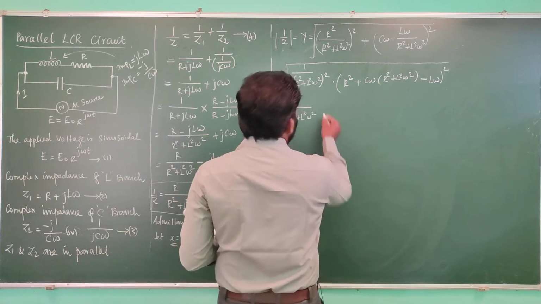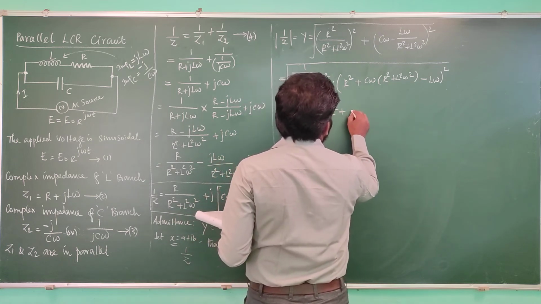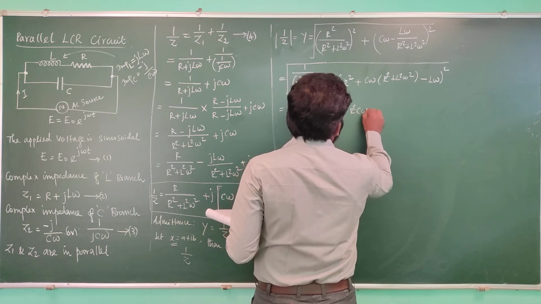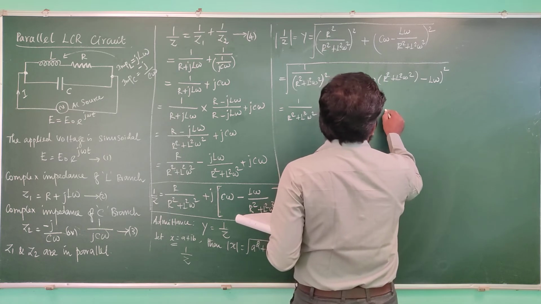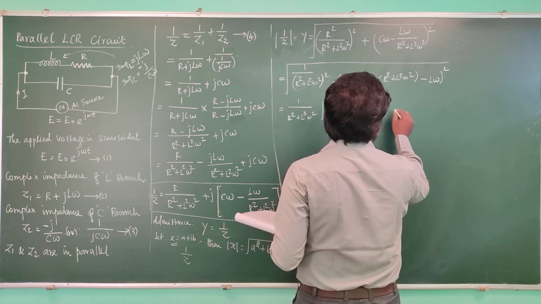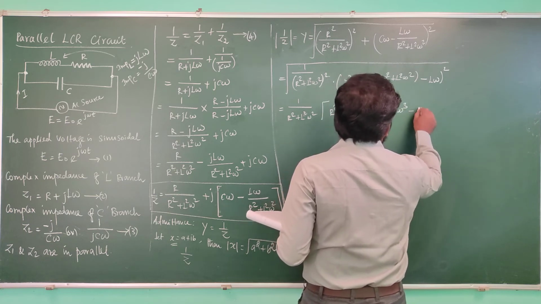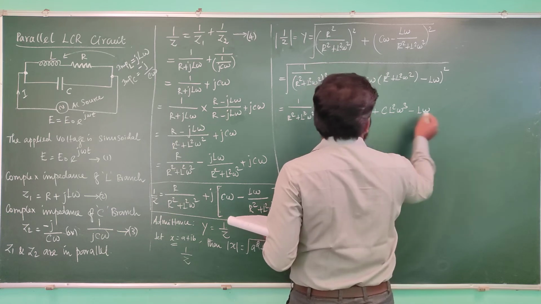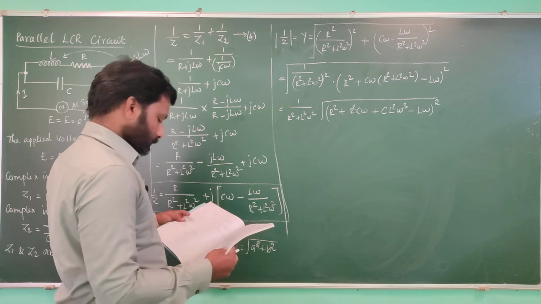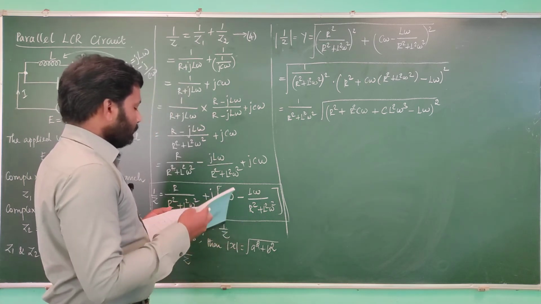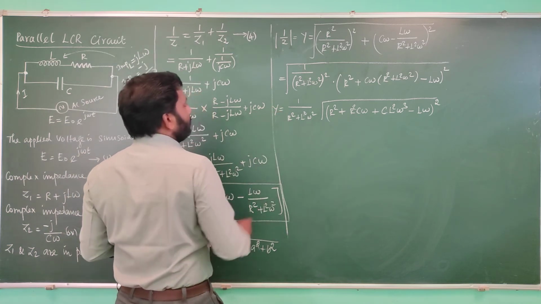And the remaining will be R square plus R square C omega plus C L square omega cube, there is an omega here, omega cube, minus L omega, the whole square. So this is nothing but the admittance.